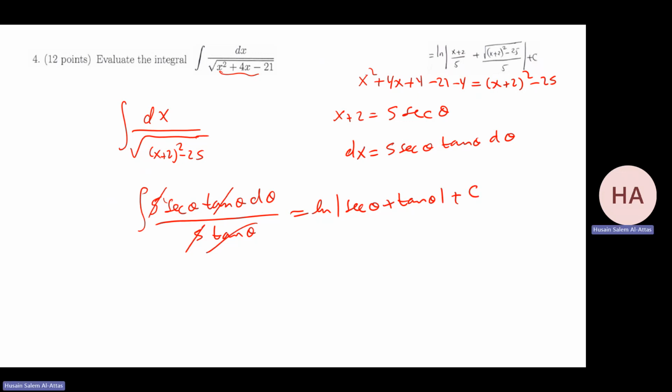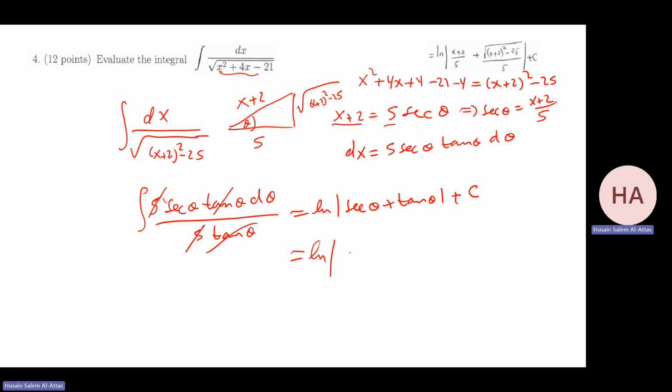Use the triangle. I have this will be the hypotenuse. This is the adjacent. Where secant is x plus 2 over 5. And that will be square root of x plus 2 squared minus 25. Okay, so I have ln.